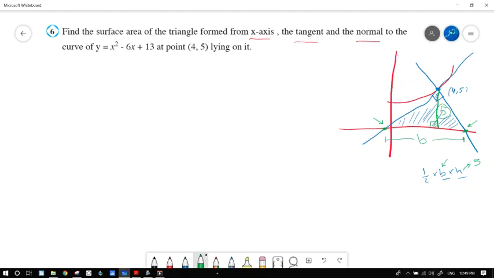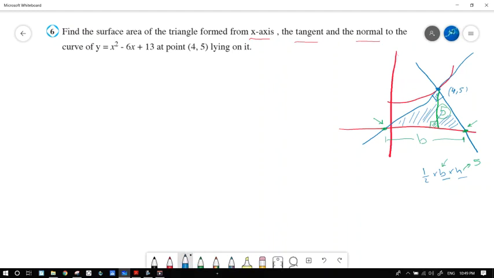And to know these points, you have to find the equation of the tangent and the equation of the normal. So we will do the same thing that we already did in the previous examples. We will first find the equation of the tangent and the equation of the normal before we start.